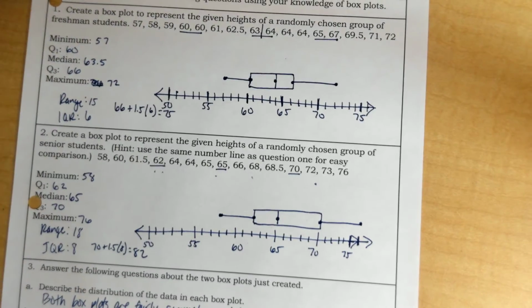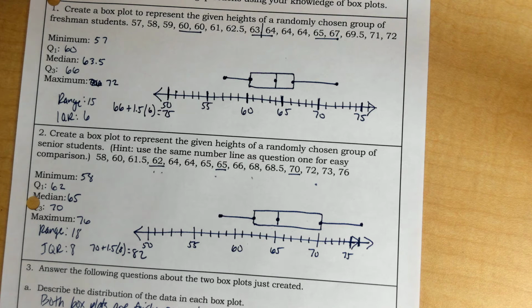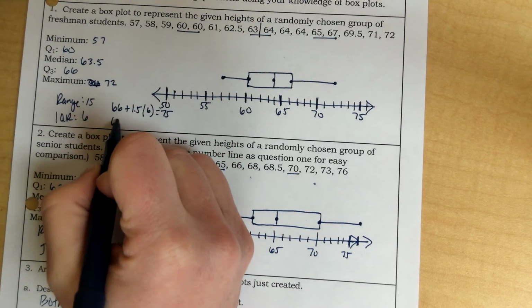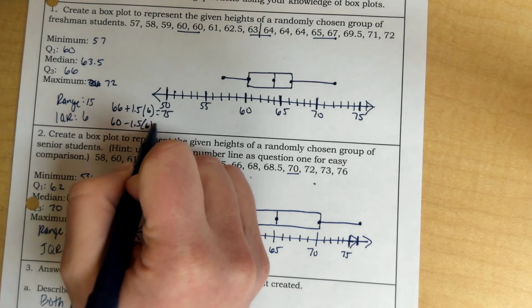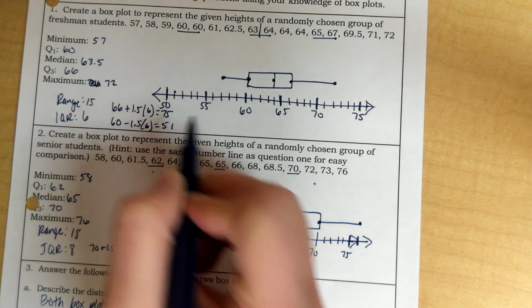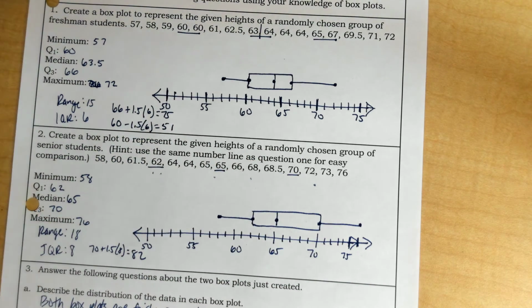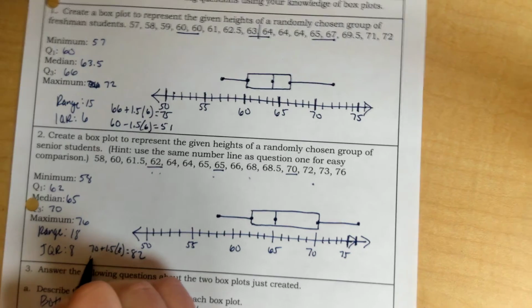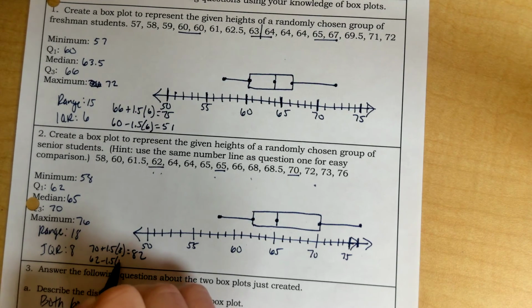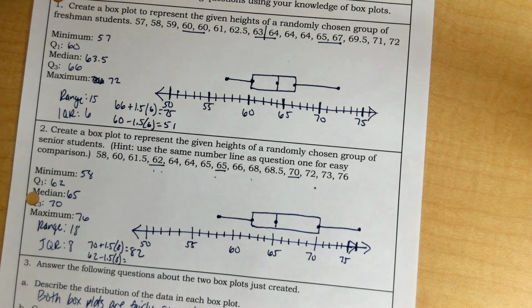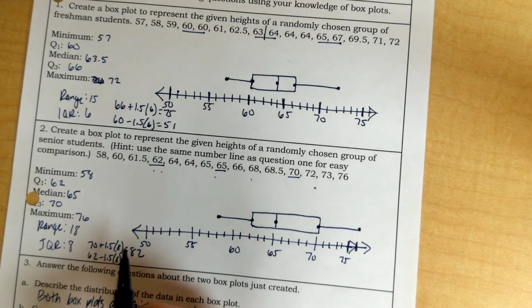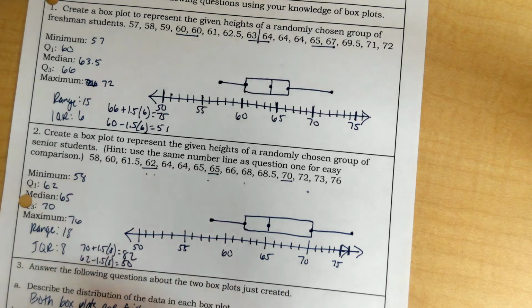And then just to double check our minimum values, we would have 60 minus 1.5 times 6. It would have to be a number lower than 51. We don't have that there. And then here we would have 62 minus 1.5 times 8, so we would have to have a number lower than 50. And we don't have that on either one.